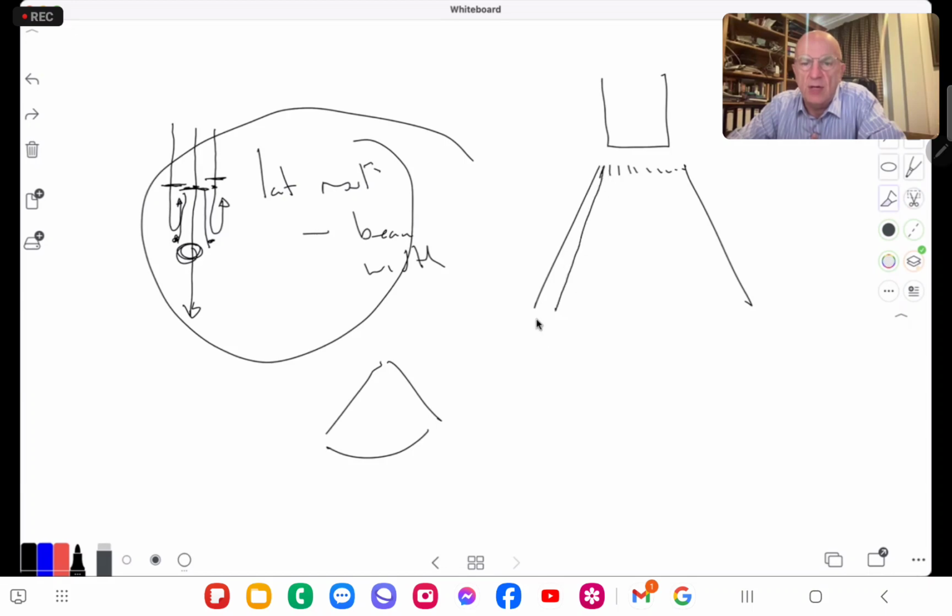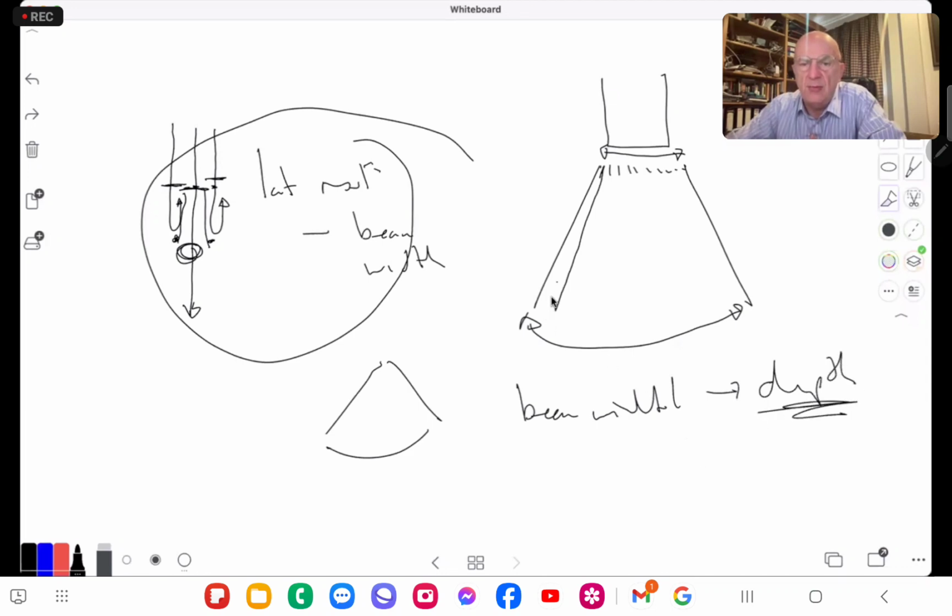Each single beam gets wider because the 40 have got to cover a wider distance here than they have to cover here. So that means that the beam width depends on depth. So the beams are attributed to a wider distance the deeper they are in the image.